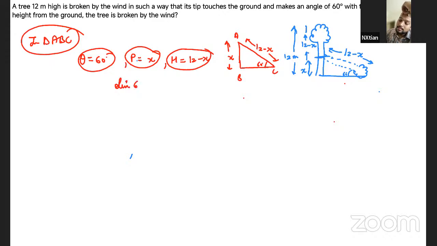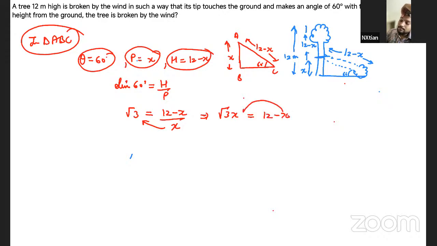So I'm taking sine 60 degrees, which is equal to p upon h. Sine 60 degrees is root 3 by 2, h is 12 minus x, and this is x. It becomes root 3x is equal to 12 minus x. It becomes root 3x plus x is equal to 12. I'll take x common, so it becomes x times root 3 plus 1 is equal to 12. x equals 12 upon root 3 plus 1.